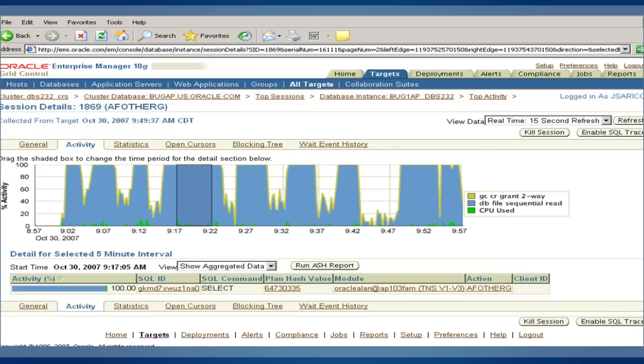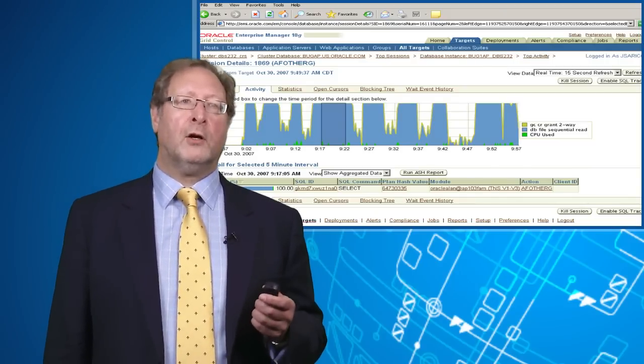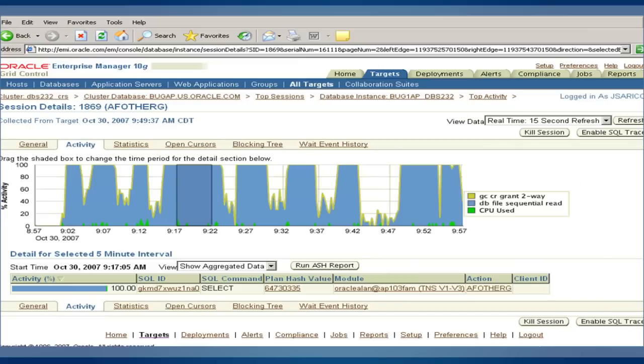So here we see a screenshot of the way that average active sessions, database time appears in the monitoring tools. Here we have the activity of a single session over time. Our y-axis here is percentage activity. And we can see we have big stacks of blue, and the blue goes up to 100%.